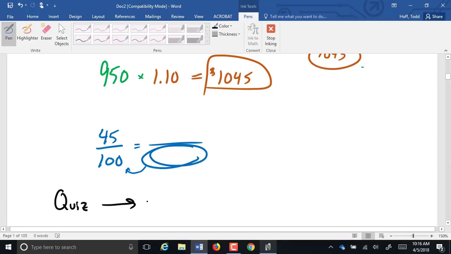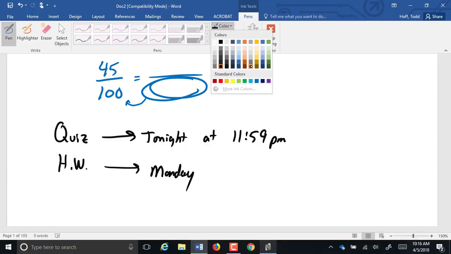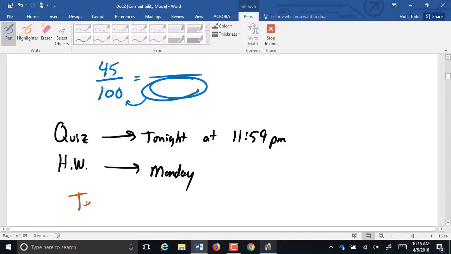Remember, there is a quiz due tonight at 11:59 p.m. There's a homework due Monday in class time. And then just a warning coming up: Test 3 is next week, Thursday.